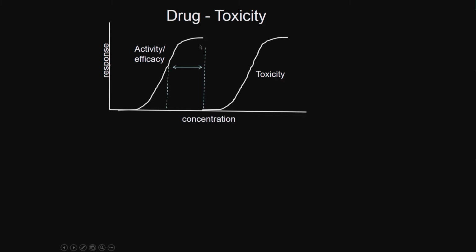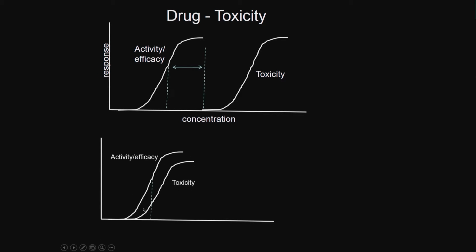So ideally I should have a drug which shows a graph for the activity and a graph for the toxicity far apart. Whereas if I have a drug which shows activity like this and toxicity like this, if I start using the drug in this concentration it can also have some toxicity, which is not allowed. If I use the drug at lower and lower concentration, the efficacy becomes lower and lower.